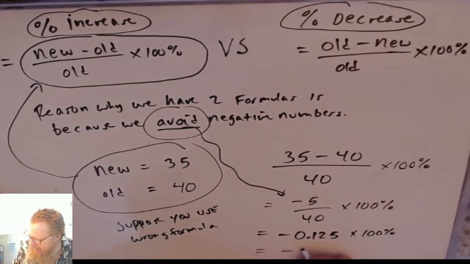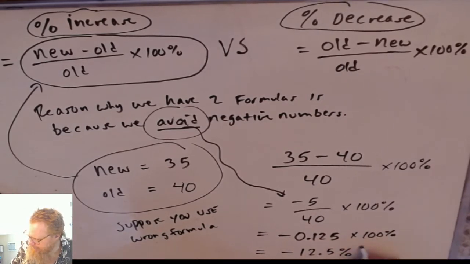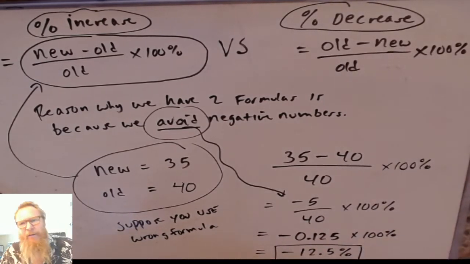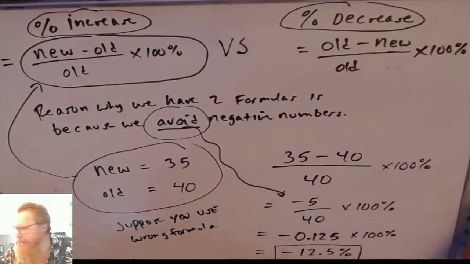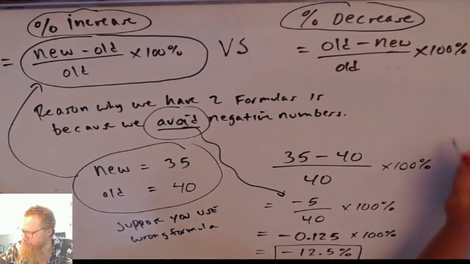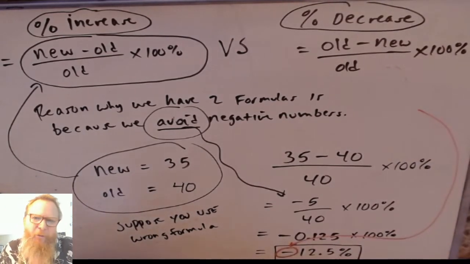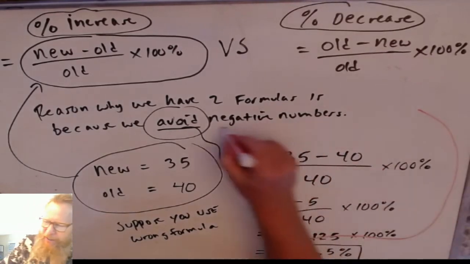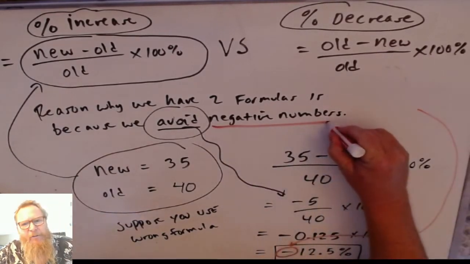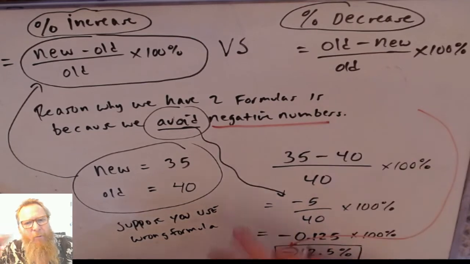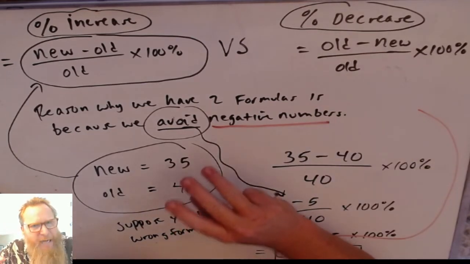And so that's negative 12.5%. If you type negative 12.5%, the computer will actually mark it wrong because we want to avoid negative numbers. But what I'm telling you is that that's okay.